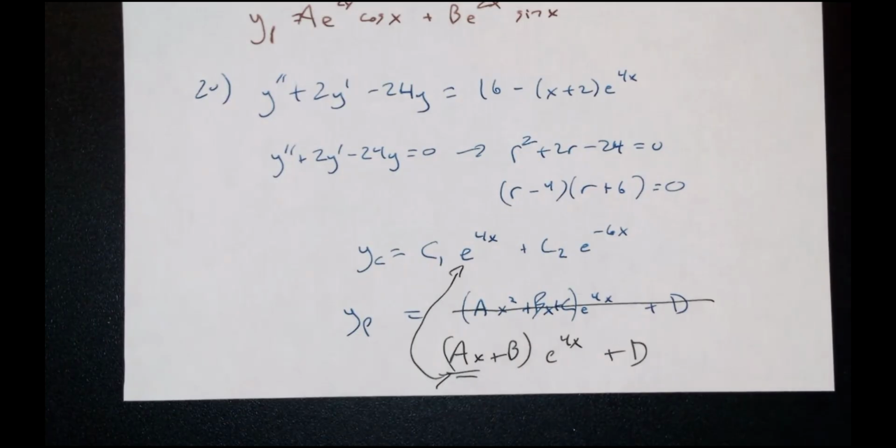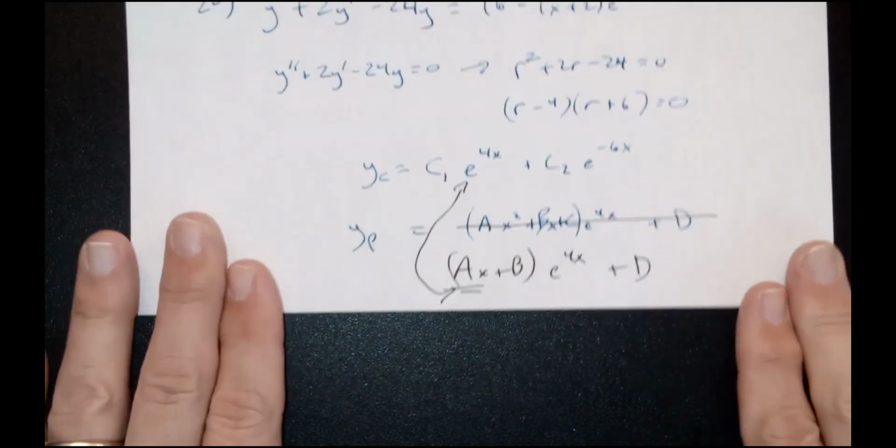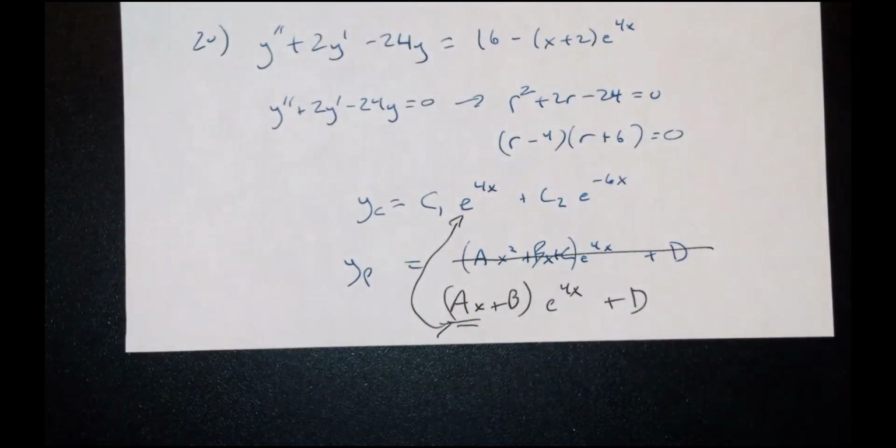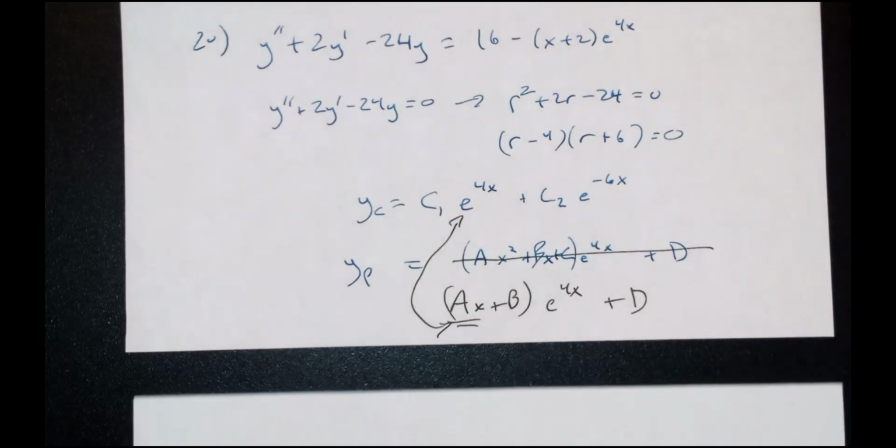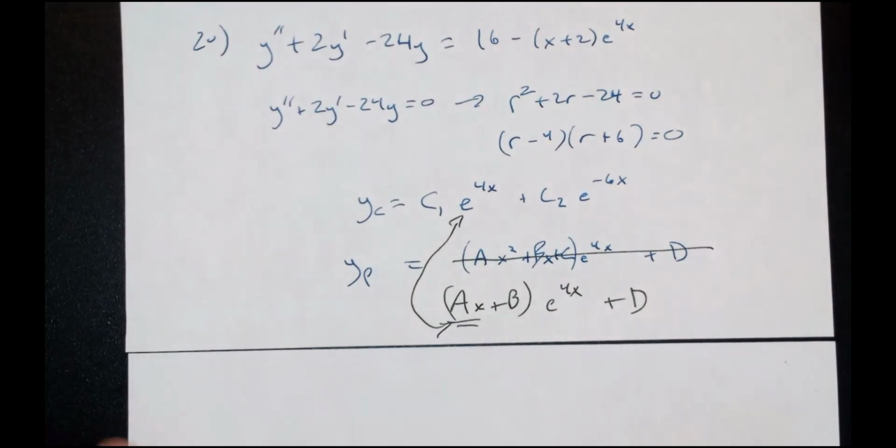Yeah, because stuff would get sucked up, right? Whatever I find, let's say this turned out to be 2x plus 5. But I can say 5 e to the 4x, doesn't that 5 just go into here? Yes. Again, I'm being a little rigid and hidebound here, but if I've got an x to the p, I should have a complete polynomial of degree p, just to cover my butt.